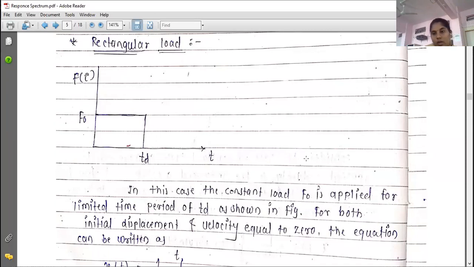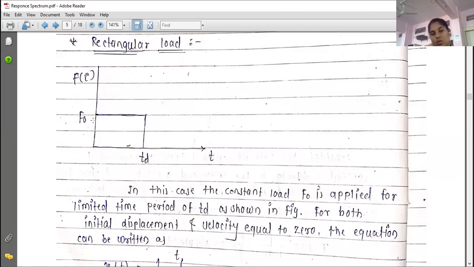Okay. So in this case, we have to use the basic equation of Hamilton's integral once again, but the boundary conditions will change for this rectangular load. You can see from this figure f of tau, the impulse force, and time t is here, and f naught is the initial condition.